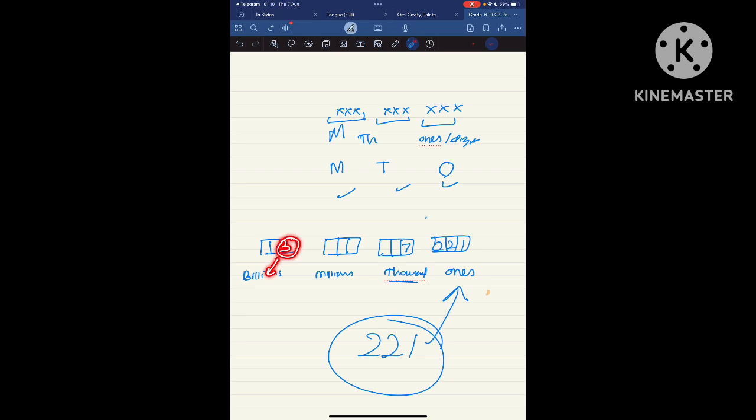Is that clear? Then they didn't talk about million, so I didn't write anything. And they say 7,000, so I'm writing 7 in the thousands column. If I write it elsewhere, it is 70,000. So I'm writing just the 7 there.